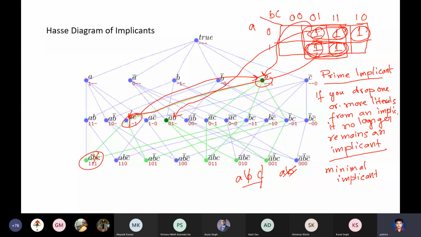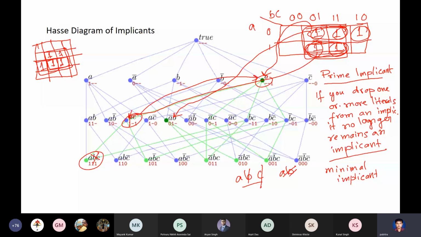So if we take a Carnot map like this, and let's say these are the implicants, this is one implicant, this is one implicant, this is part of this, so this is not a prime implicant, whereas this is a prime implicant. Similarly, this one is a prime implicant because it is not entirely lying inside this. All right, so you cannot drop something, it's called a prime implicant.